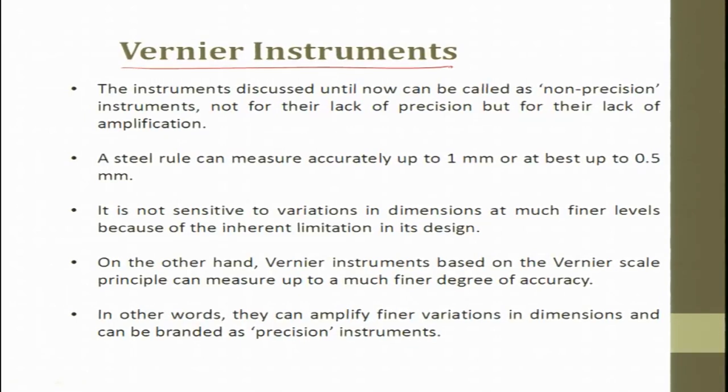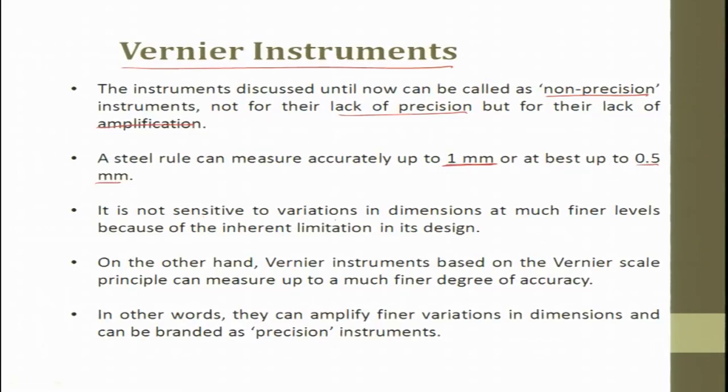This instrument until now can be called a non-precision instrument due to their lack of amplification. A steel ruler can measure accurate up to 1 millimeter. At the best, it can go up to 0.5 millimeter. If you want to go less than that, then we have to use instruments like vernier caliper and screw gauges.